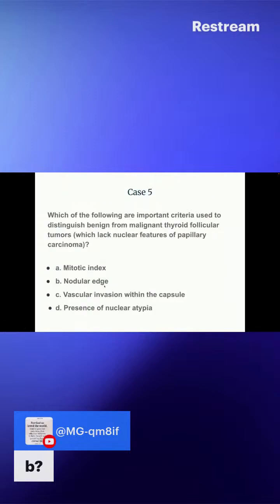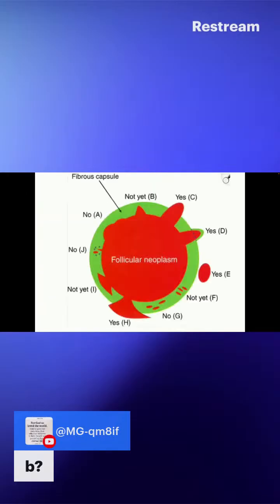So the nodular edge. That's the distinct thing separating thyroid follicular carcinoma from adenoma. If the budding goes all the way through the capsule, we can consider it as follicular carcinoma.